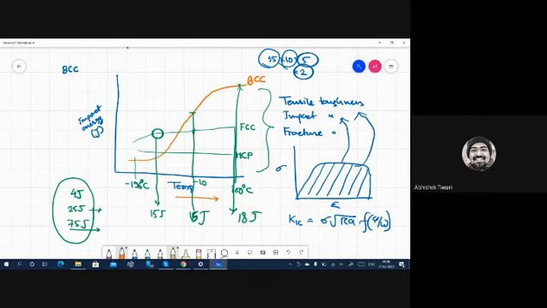All right. So this is because BCC has different slip systems which keep on activating at different temperatures. And FCC has a very unique set of slip systems, which are the most packed slip systems in comparison to what you have in BCC and HCP.